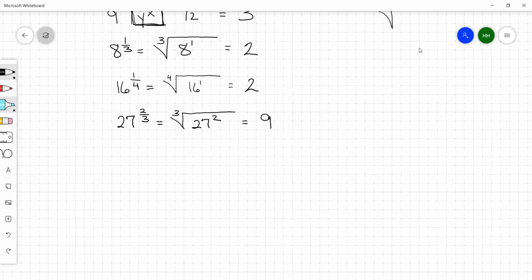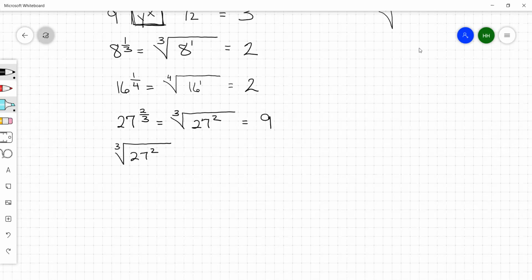And the reason you need to understand this notation is because you could be given this problem a different way. You could be given the problem just like this. If you're just given the problem as a radical, you don't have a calculator that'll do this.